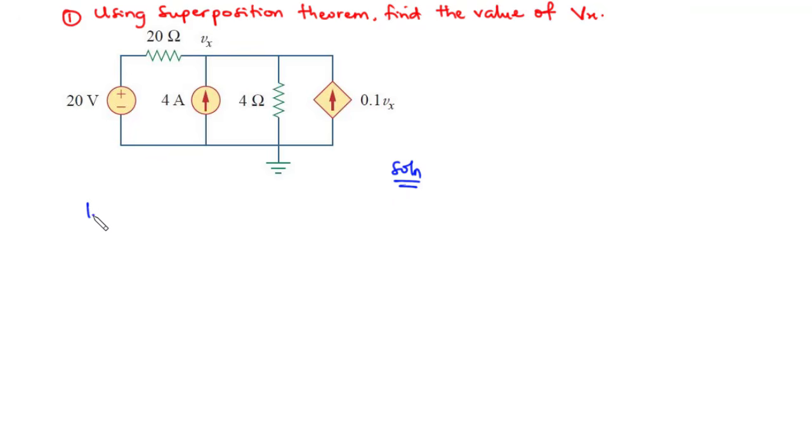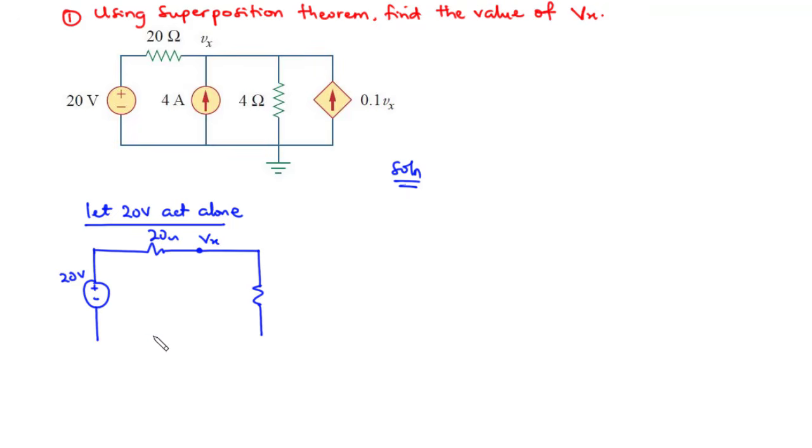So first, let 20 volts act alone. Because this is a current source, it's going to be an open circuit. So when 20 volts is acting alone, like we said, we are going to deactivate the 4 amperes current source.